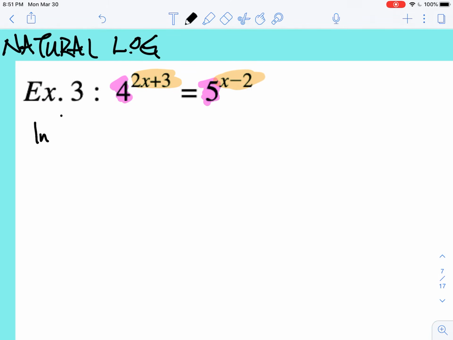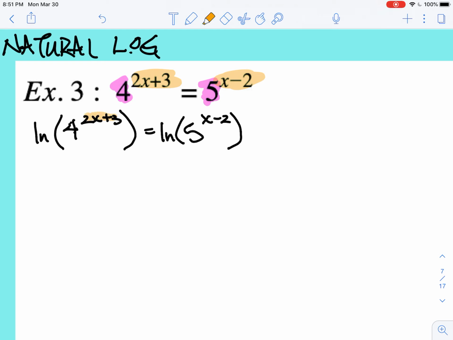So I'll get natural log of 4 to the 2x plus 3 equals natural log of 5 to the x minus 2. Now, if we think back to our log properties, anything that we have as an exponent comes down as a power.